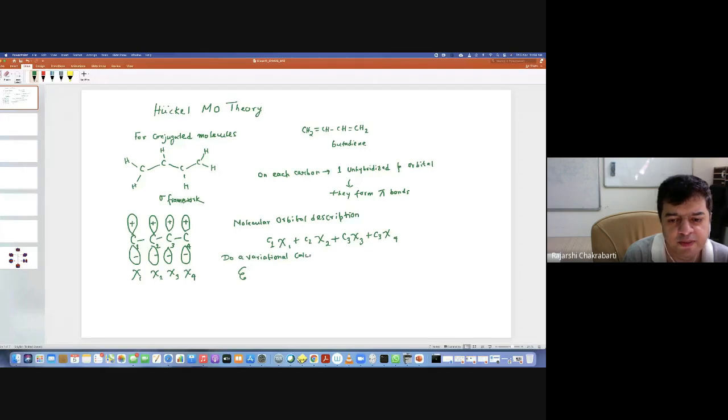You remember script E? Yes. This is going to depend on these parameters c1, c2, c3, c4 in this case. So you have to calculate this. And then what should I do? I should do this, no? I should be doing this.